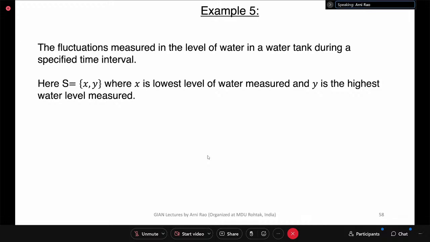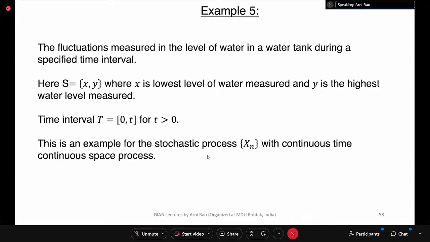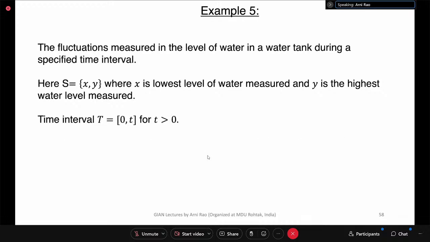That level is continuous, with a highest and lowest value, like your blood pressure and other things. And the time is also continuous. You open the tap and then you want to measure the level of water within an interval, within an hour, within 4 hours, whatever time interval you set. This is an example for continuous time, continuous space.